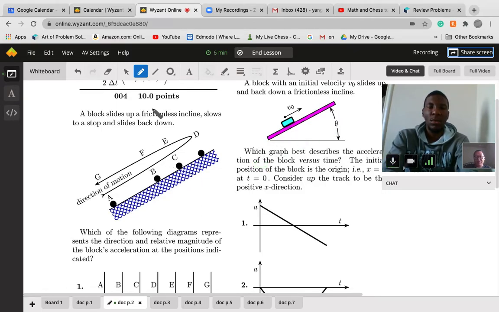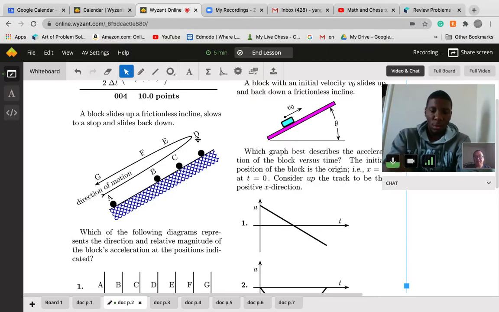I hope you first read this problem number 4 first. Read this problem. Okay, a block slides up a frictionless incline, slows to a stop, and slides back down. So they ask you which of the following diagrams represents the direction.